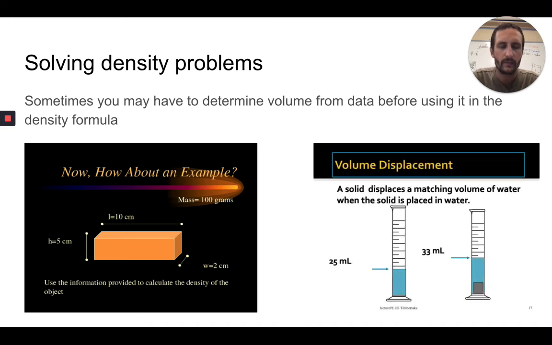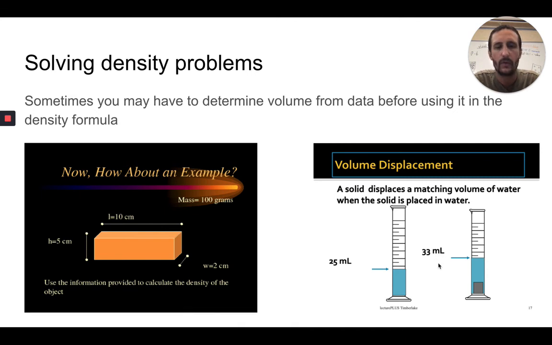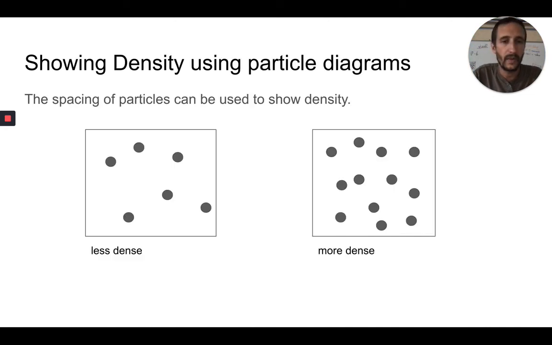Another time, sometimes you're given displacement data, where if you have an object in some water, that object is going to push the water to a higher volume, and the difference between the water without the object and the water with the object is going to be the volume of the object. So sometimes you're given information about displacement. Sometimes you're given information that you need to find the volume from length, width, and height.